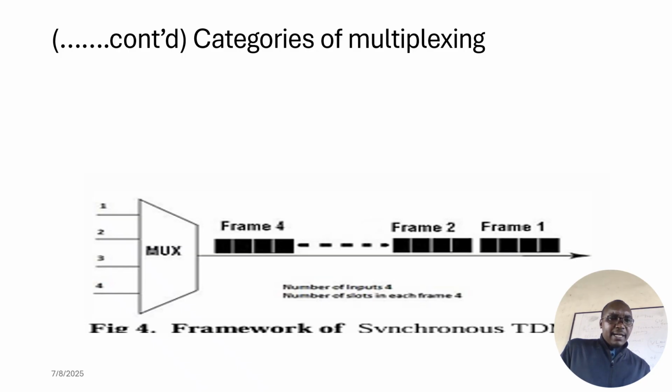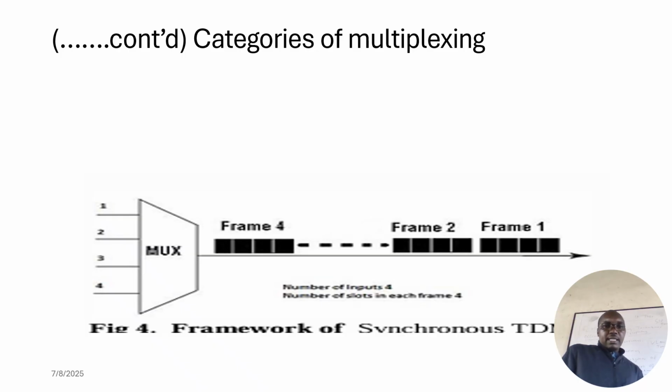You can have frame 1, and you have 1, 2, 3, 4. Those are different channels. Then as you send, you have frame 4, and frame 4 has all the time slots for the conversation. If you look at frame 4, it is divided into 4.